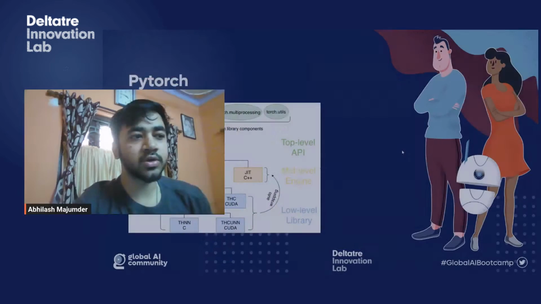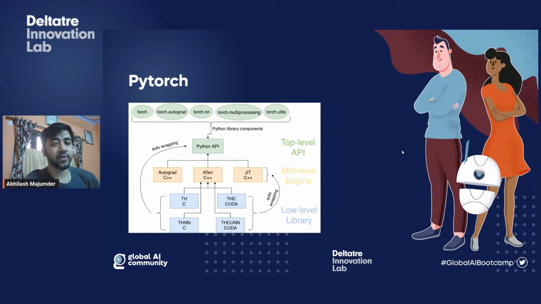So, before we start with IPEX, we must understand what we mean by a deep learning framework. A deep learning framework is a compilation of different algorithms and code snippets, which enable us to write better code in terms of training, inference, and building different machine learning models.